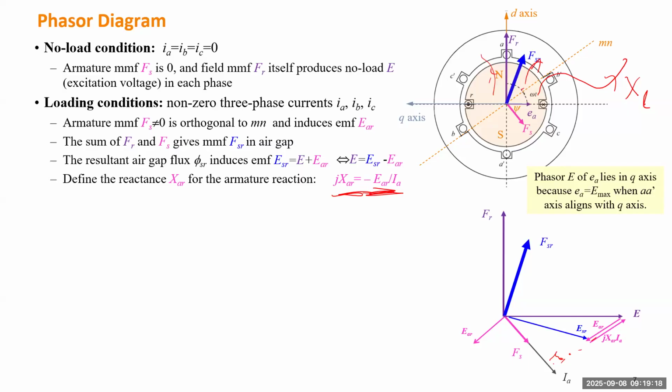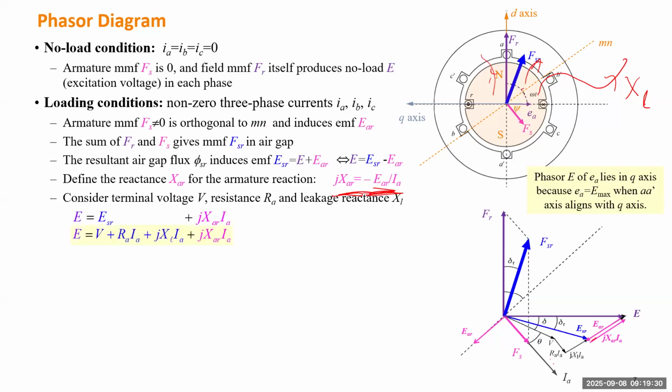So we just call the external voltage V. I just use our conventional notation for voltage. So this is the ideal case, but actually we can only get this V, not even this ESR. So there will be voltage drop due to resistance and voltage drop due to the leakage reactance, and finally this is due to the armature reactance.